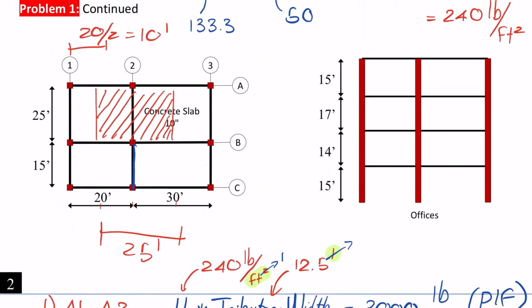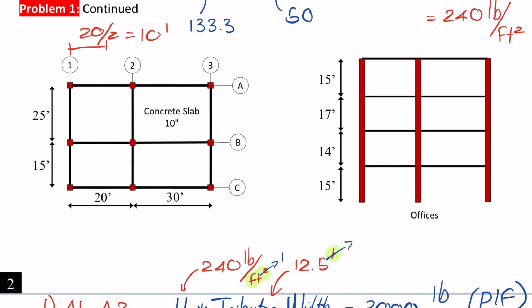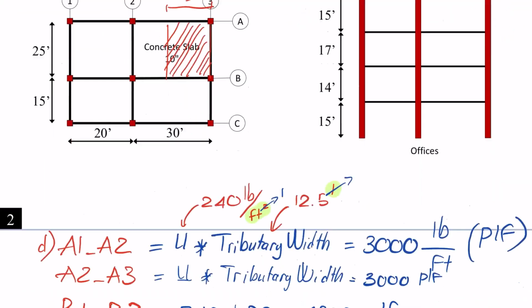A3B3 is over here. A half of this slab over here we load to that beam, and a half of this one is 15 feet.